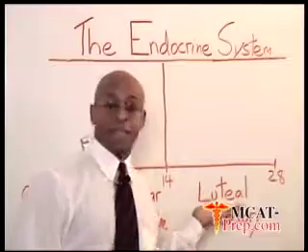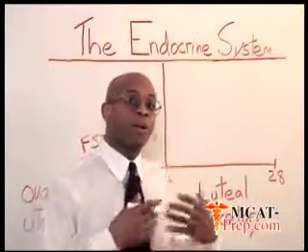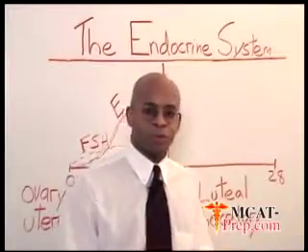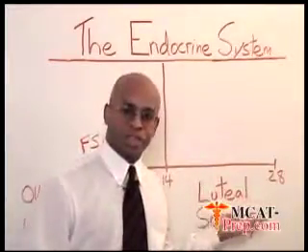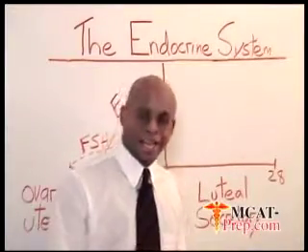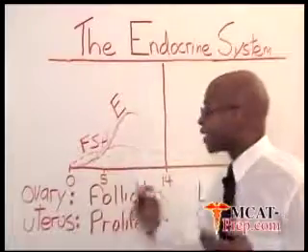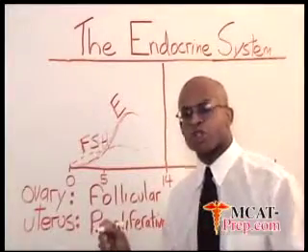Now we know that the next phase will be the luteal phase. So clearly, what would be the most important initial hormone coming from the anterior pituitary gland for the luteal phase? It would be luteinizing hormone, or LH. LH actually comes in just before ovulation as a surge.